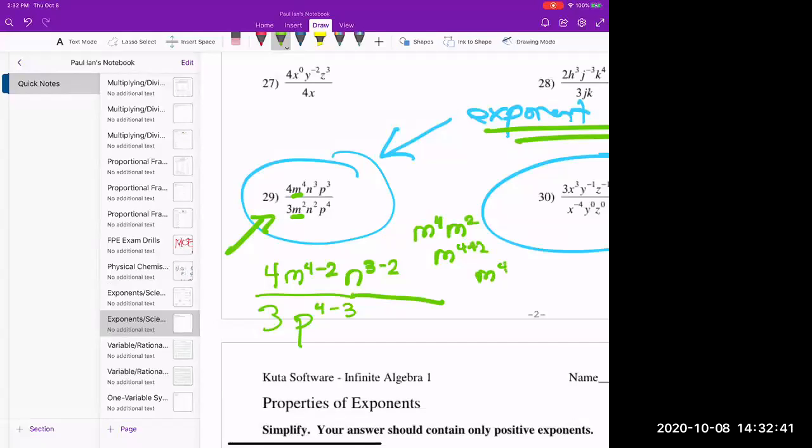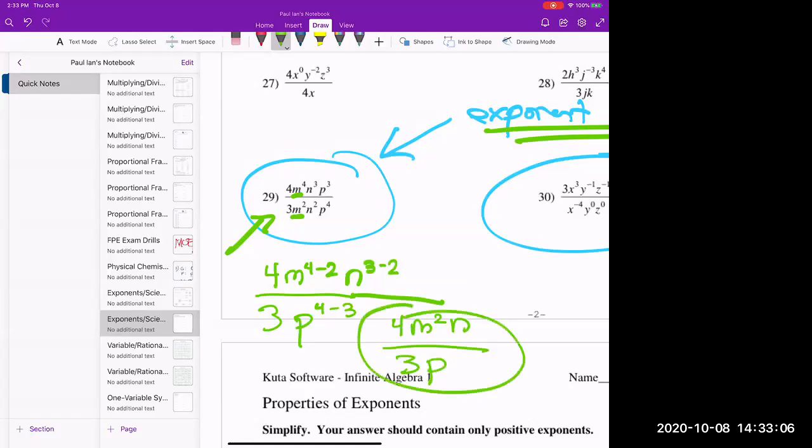But when you do 4 divided by m squared, you subtract it. 4 minus 2, 3 minus 2, 4 minus 3. So let's simplify those. m squared, n by itself, p by itself. So that's the answer.